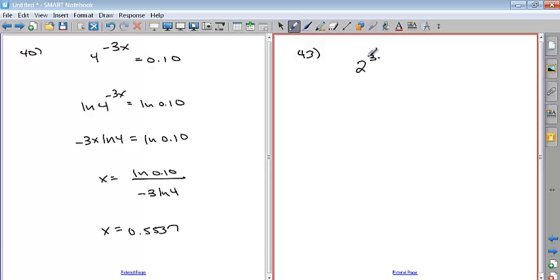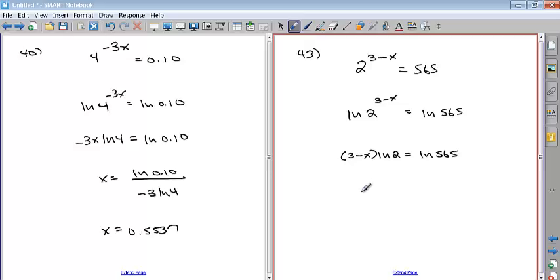Problem 43: 2 to the 3 minus x equals 565. The natural log of 2 to the 3 minus x is equal to the natural log of 565. Take the exponent out: 3 minus x times the natural log of 2 is equal to the natural log of 565.